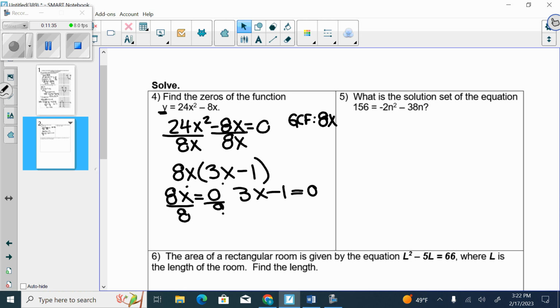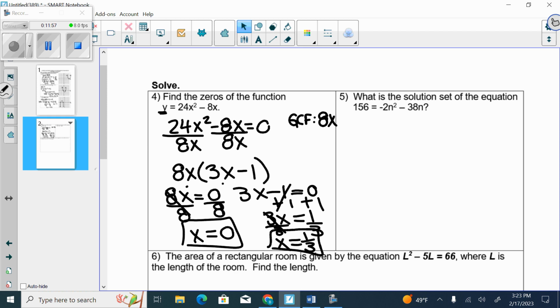And what is 0 divided by 8? Very good. Alright, for that other equation, what are we going to do? Add 1, and then divide by 3. Good. So 3x equals 1, and we divide by 3. So x equals 1/3. So x equals 0 and x equals 1/3 are our two answers.